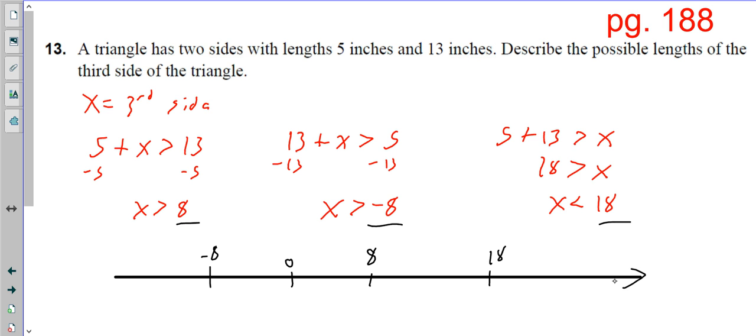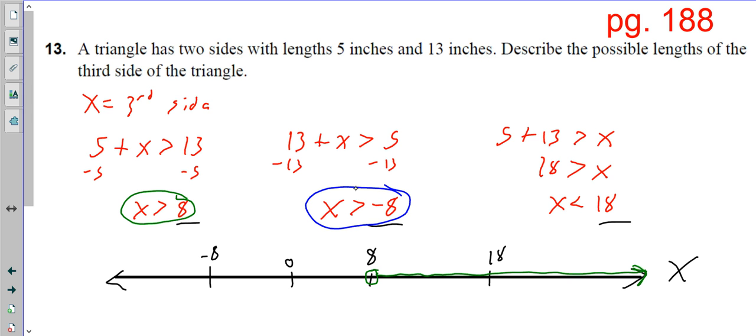Okay, so this is our number line for x. So x being greater than 8, at 8, it's an open circle, and it's shaded all the way to the right of values greater than 8. Okay, x greater than negative 8, do that in blue. So negative 8, x is greater than that are here.